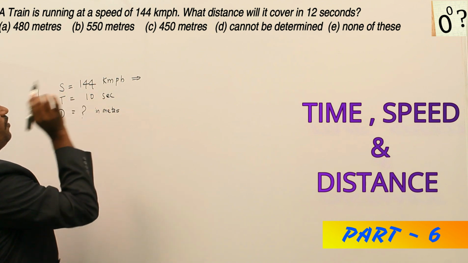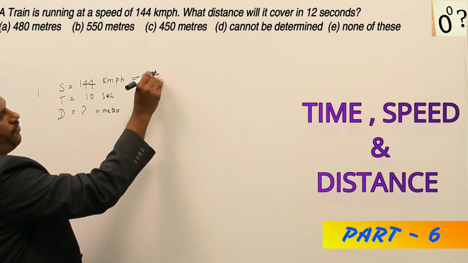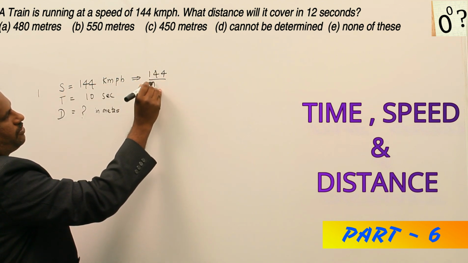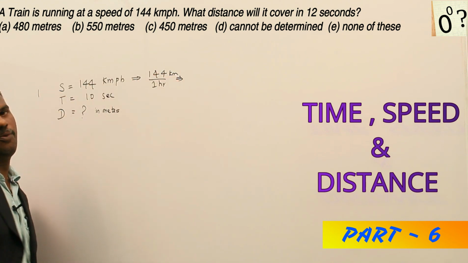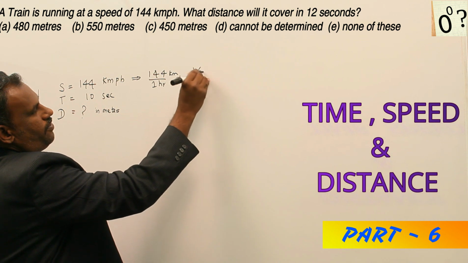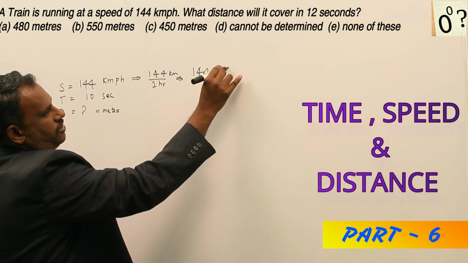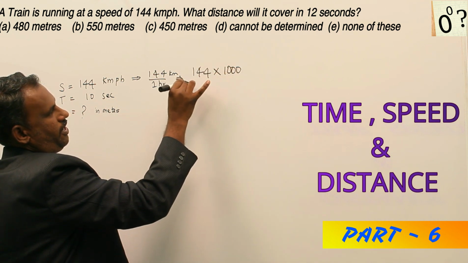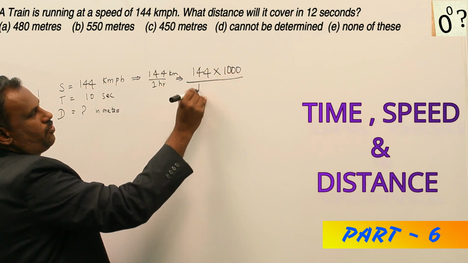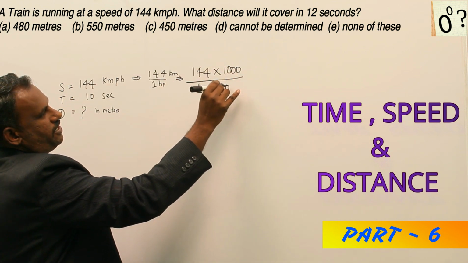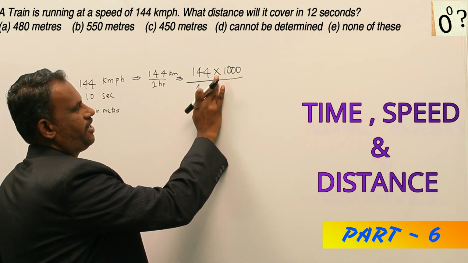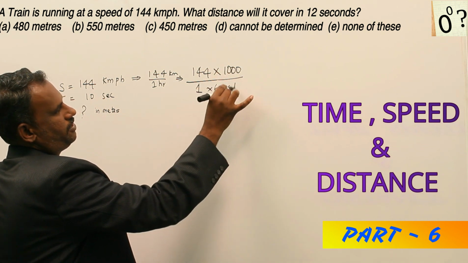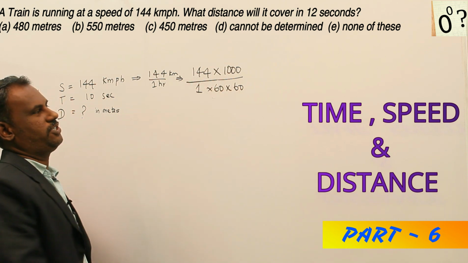Okay, so the speed 144 kilometer per hour means kilometers per 1 hour. How to convert this kilometer into meter? We know 144 kilometer into 1000 is equal to meter, and 1 hour is equal to 3600 seconds. We can write 3600 as 60 into 60 for multiplication purpose.